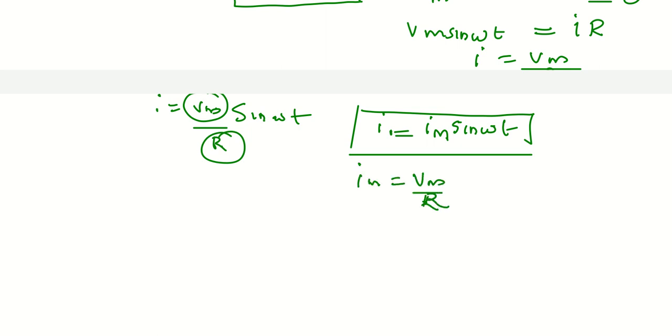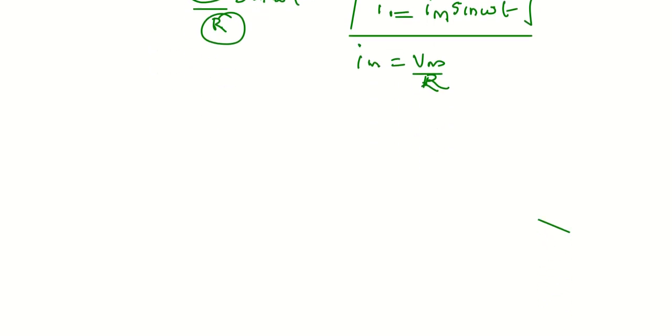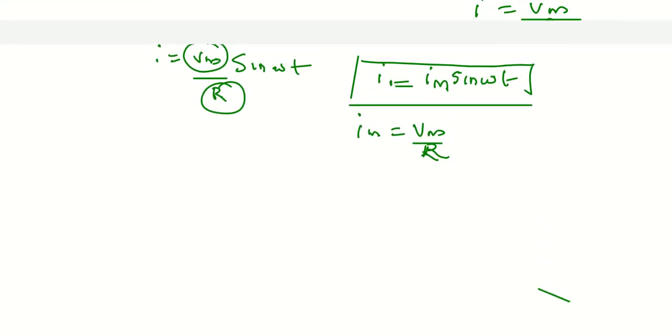You should remember these things. Im is the amplitude of the current. So in AC applied to a resistor, I is equal to Im sin omega t. You understood?